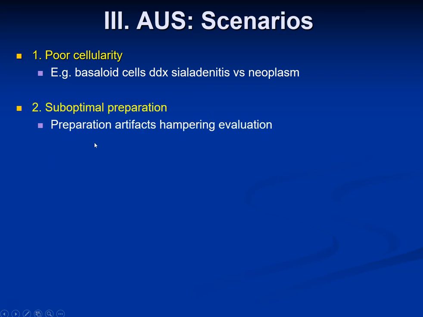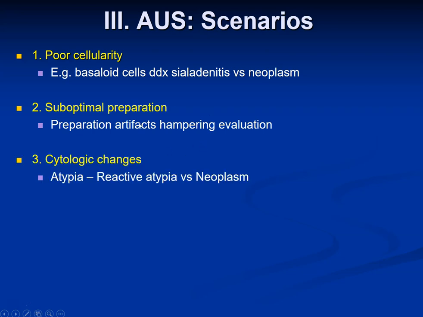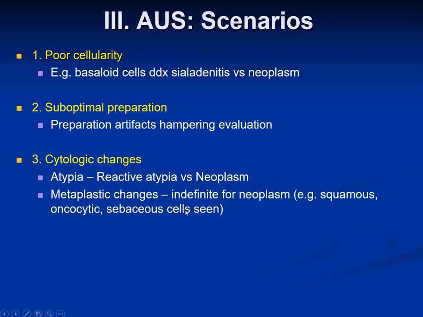If the preparation is suboptimal and hampers definitive evaluation, if there are some cytologic changes of perhaps nuclear enlargement, where we are not sure whether it is due to reactive atypia versus a neoplasm, and this is particularly so if there are metaplastic changes, for example, squamous metaplasia, oncocytic metaplasia. This can be seen in both reactive conditions as well as neoplasms.